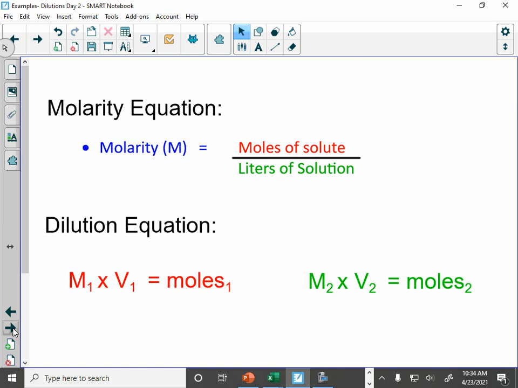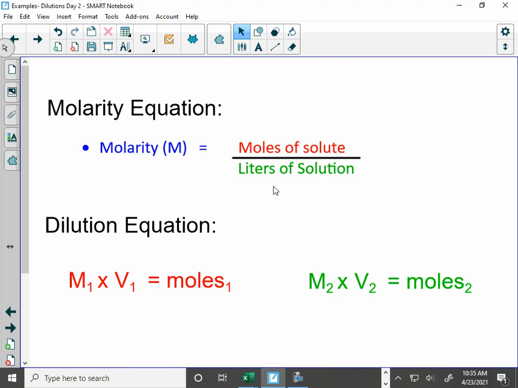Now, as I look at this right here, I started out with the molarity equation. So I know that the molarity of a substance is equal to the moles of the solute, divided by the liters of solution.